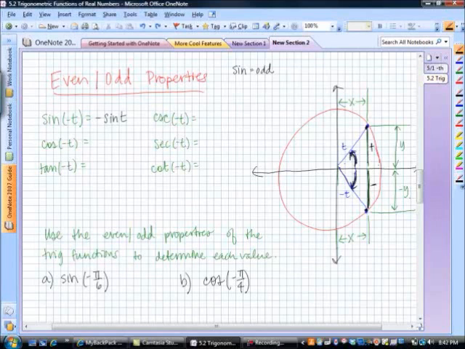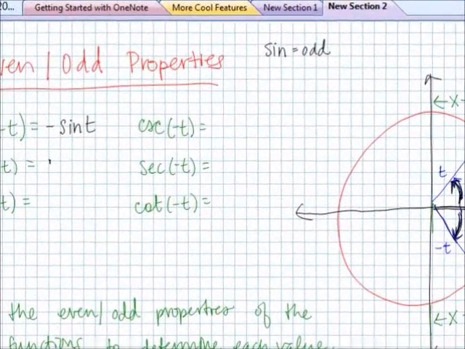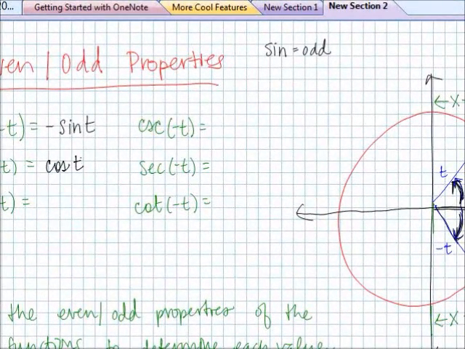Our x value is going to still be positive here. It's going to be that distance. So the cosine of negative t is the same thing as the cosine of positive t. They're both the x value. So for that reason, do you see that when you plug a negative in, the negative goes away? That makes cosine an even function.